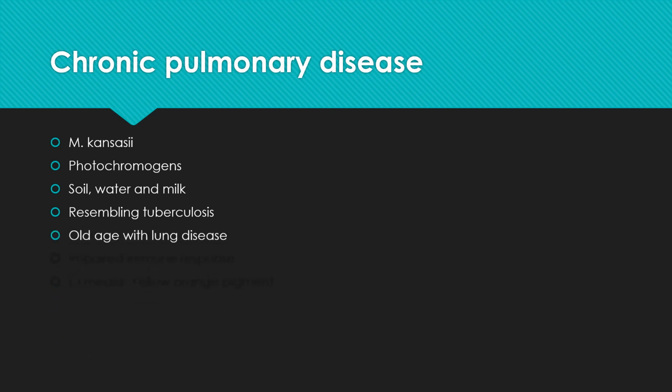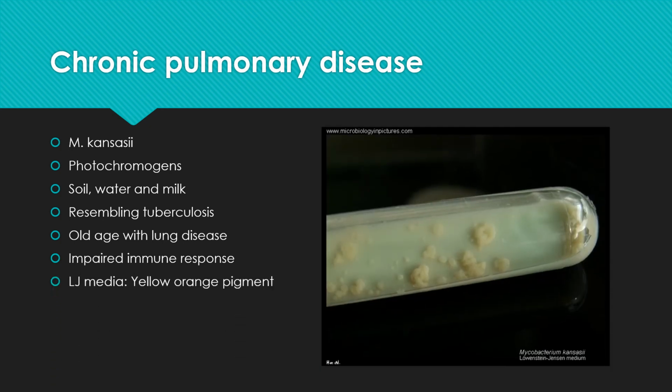Then the risk factor: old persons with pre-existing lung disease or impaired immune response are more prone to this type of infection. The organism grows well at 37 degrees Celsius on agar media, where it produces the yellow-orange pigment that can be seen in the picture.